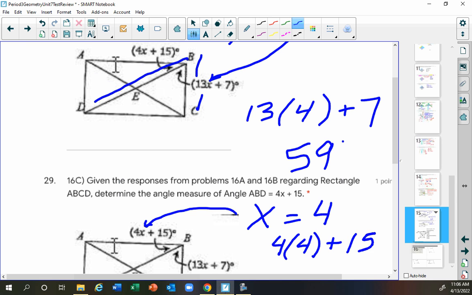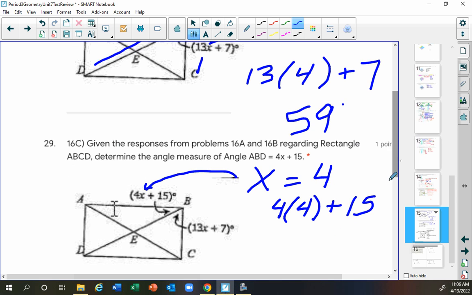It's 31 degrees. You could have also done it this way. You could have said 90 minus 59. You could have done it that way too.